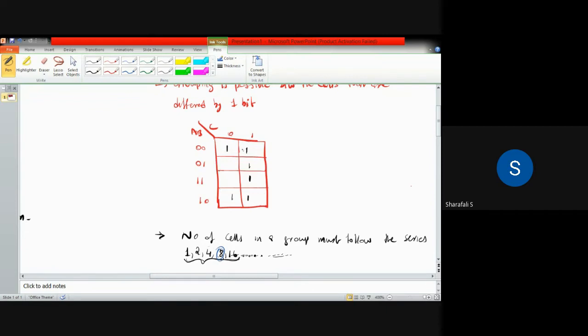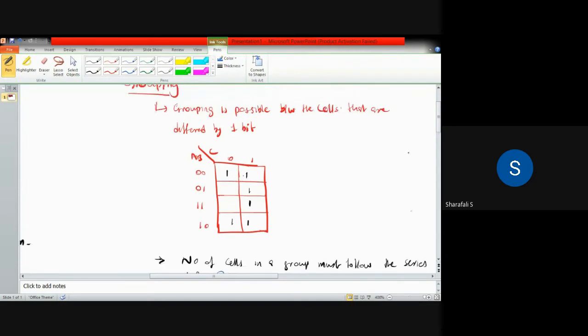But we do not have 8 cells which vary by 1 bit, as we said here, the cells should vary by 1.